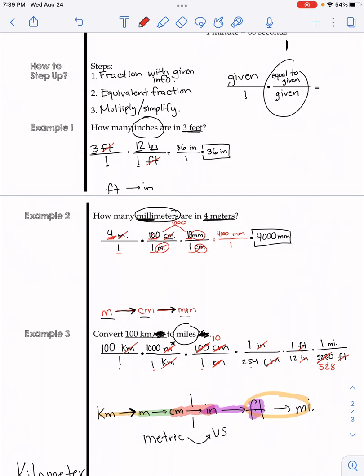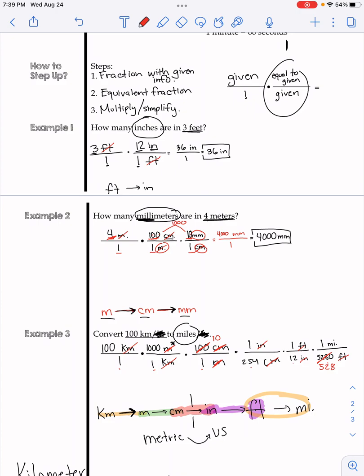All right, we can actually do the numerator pretty simply there. So we have 100 times 1,000. The second fraction, which was 100 centimeters, just became 10. And then we have 1 times 1 times 1 mile.